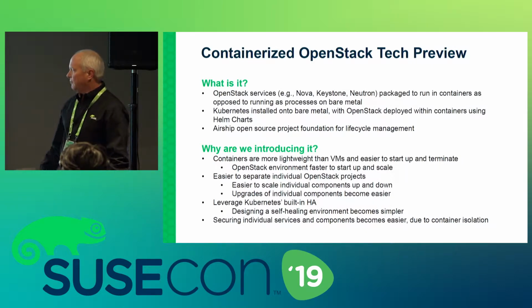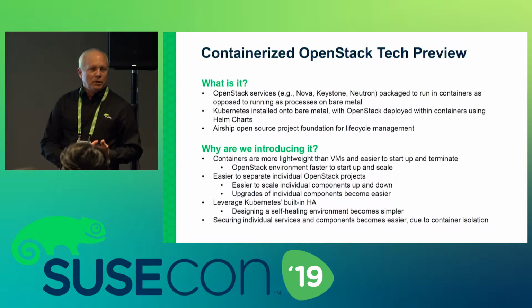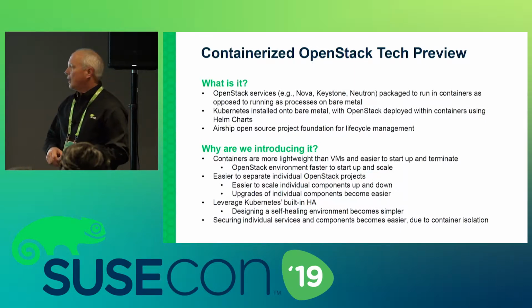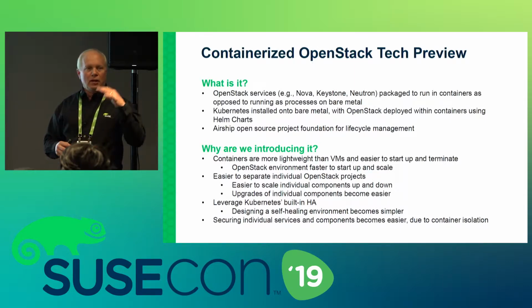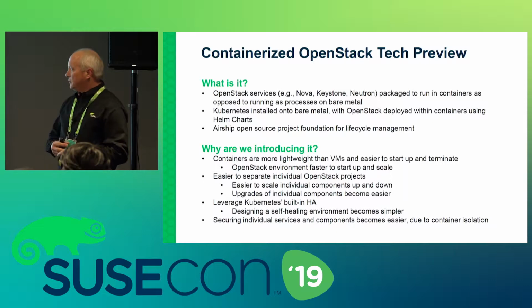These are a few of the reasons why we're introducing it. Upgrades have typically been hard in OpenStack. With containers, you have the ability to upgrade individual components more easily. You also have an easier method to scale up and scale down things in your control plane and your compute plane. Those are a couple of the major reasons.